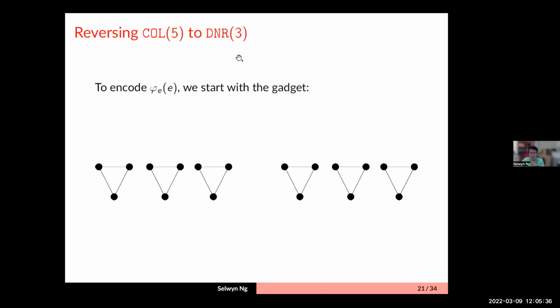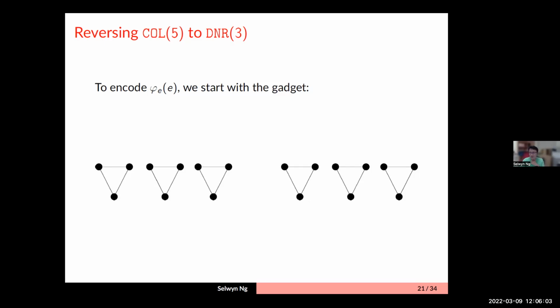So we're obviously going to have to encode the universal function into the graph. The way we do this is the following. We start with the 3-clique, or the triangle, and we start with six of them, 3 on each side. So we put 3 on the left and 3 on the right, and we have a total of 3 times 6, 18 vertices.